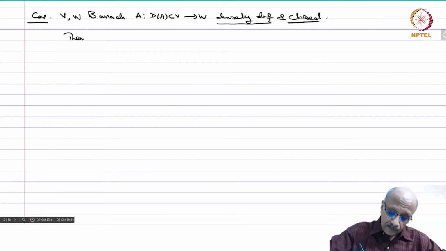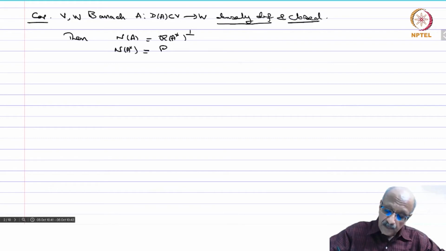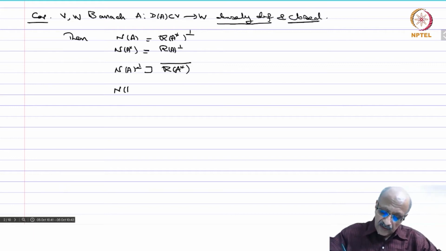Then N of A equals range of A star perp, N of A star equals range of A perp, N of A perp contains range of A star closure, and N of A star perp equals range of A closure.